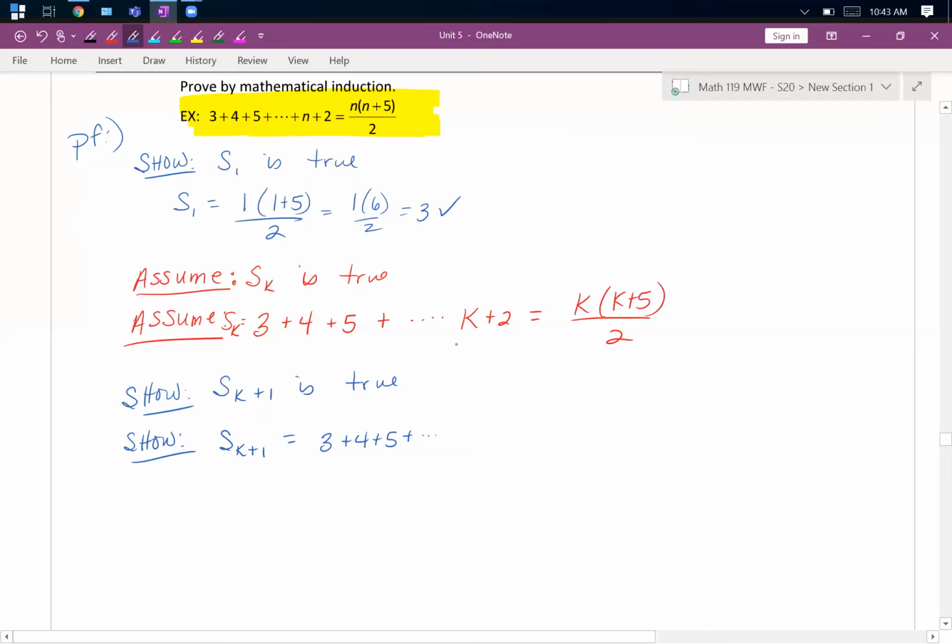Now, the kth plus 1 term is just one term after the kth term. So if this right here is S sub k, then S sub k plus 1, the next term is going to be k plus 1 plus 2. We're trying to show that that's going to be equal to, and now we're plugging k plus 1 in for n.